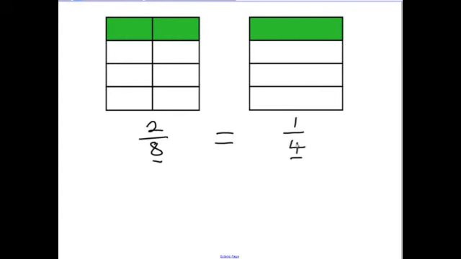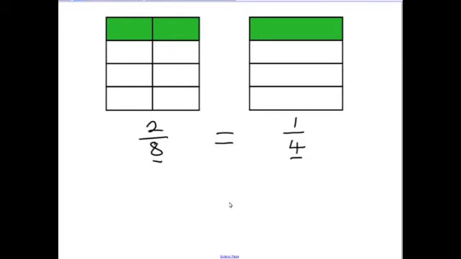So 2/8 and 1/4 are known as equivalent fractions. They represent the same amount. They just look different because in one of them, the 2/8, we've split the whole rectangle into more parts. But actually they represent the same amount.